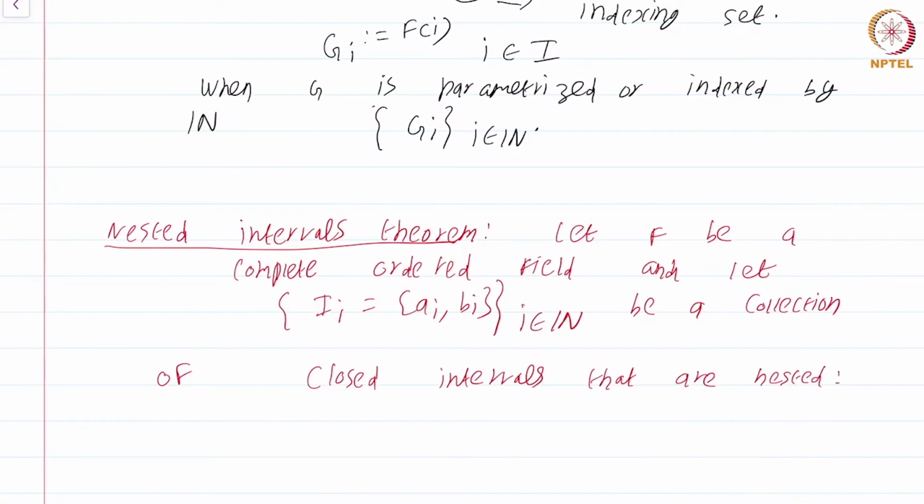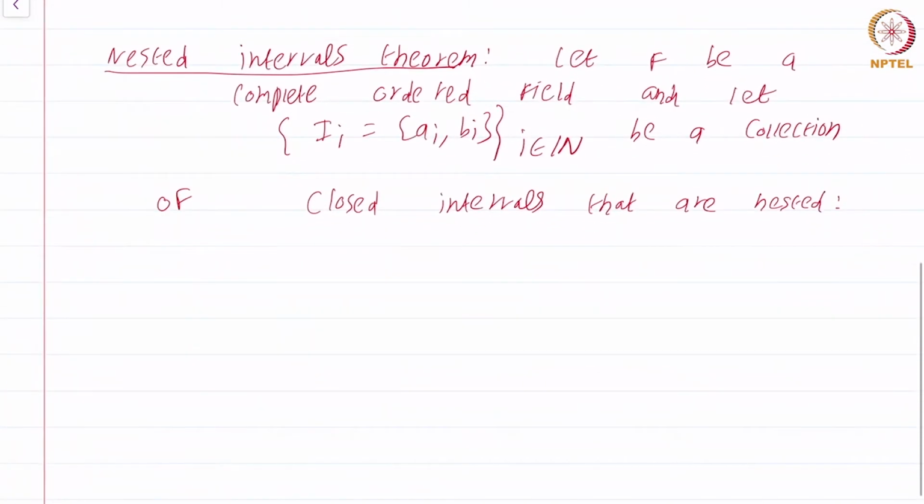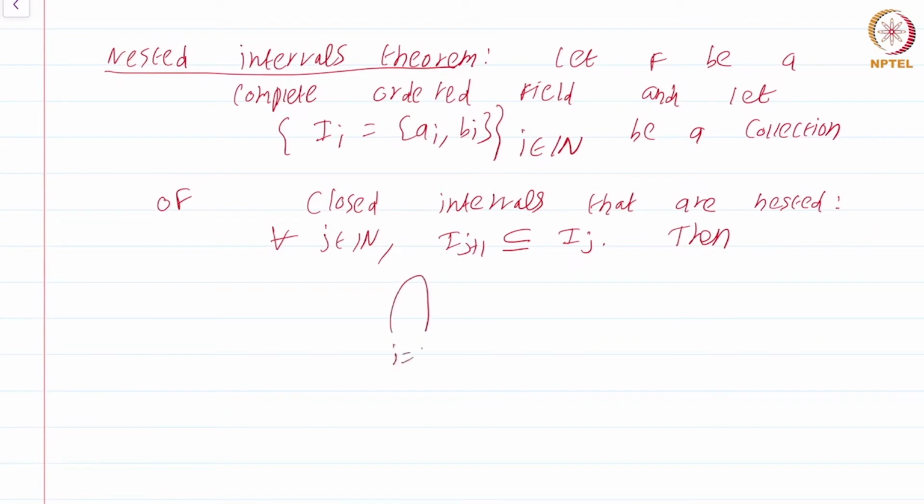What do I mean by nested? What I mean is for all j in N, I_{j+1} is a subset of I_j. That's what I mean by nested. Then the intersection over i from 1 to infinity of I_i is non-empty.